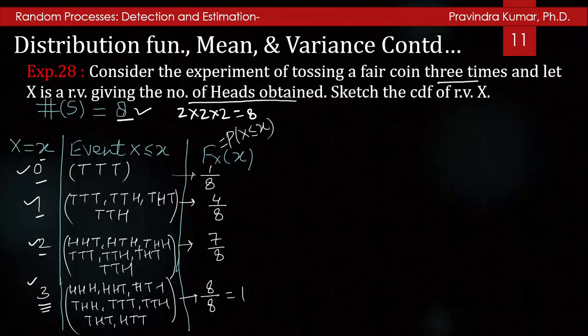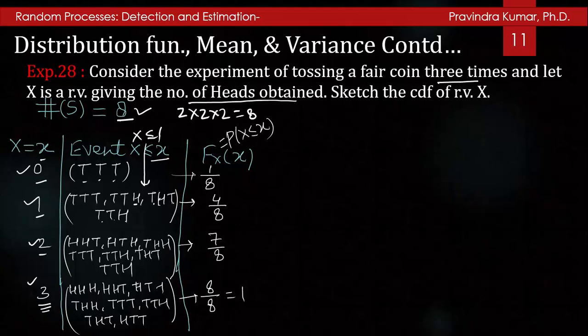So the event x less than or equal to 0 means I'm getting no head, so the event will be tail tail tail. And x less than or equal to 1 means the event which has a head 1 time or 0 times: TTT, TTH, THT, HTT.